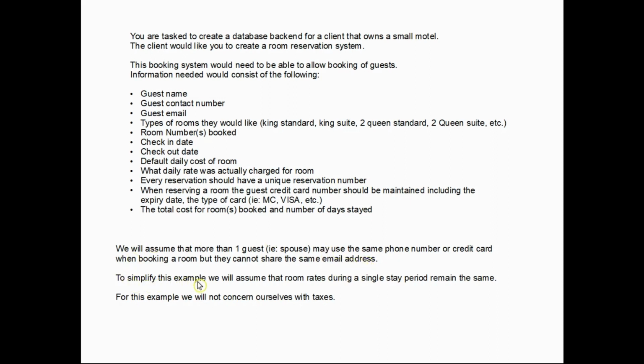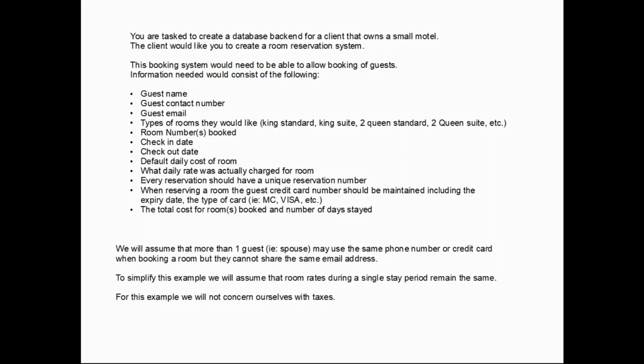And then to simplify this example, we will assume room rates during a single stay period remain the same. So for instance, the cost that they're paying for the room doesn't fluctuate during the one stay. So in real life, let's say you went to a hotel and you booked in 2 days before New Year's Eve, you might pay $100 a night, but New Year's Eve and New Year's Day, they jack their rate up to $500 a night.